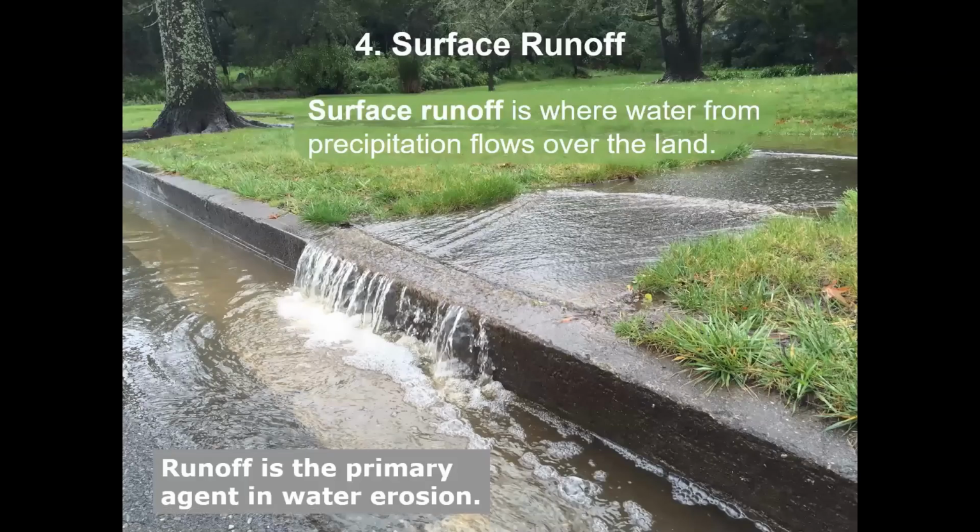Number 4 is surface runoff. So this is basically water flowing on the land after it falls to the land from precipitating. And of course, lots of people are interested in this because this is how nutrients are distributed and also how erosion occurs. Depending on where you are in the world, this can be a huge concern or not much of a concern.